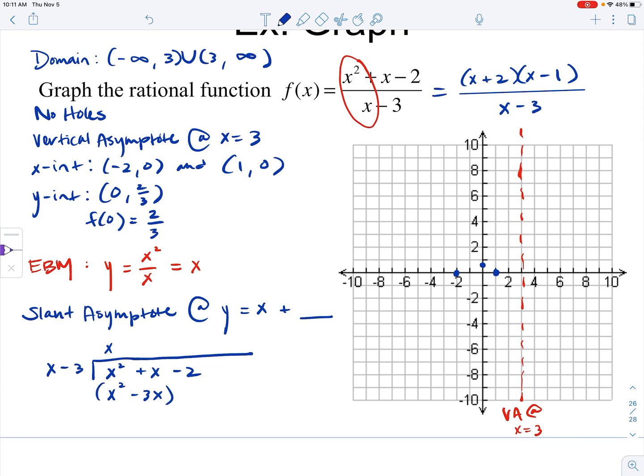So multiplying, I would have x squared minus 3x, and I subtract. So when subtracting, we would get 4x, bring the minus 2 down. And I think what times x would give us 4x? That would be plus 4. Now I'm actually done. I figured out what this is going to be: 4.